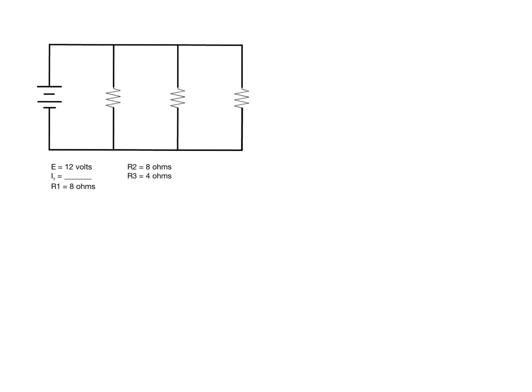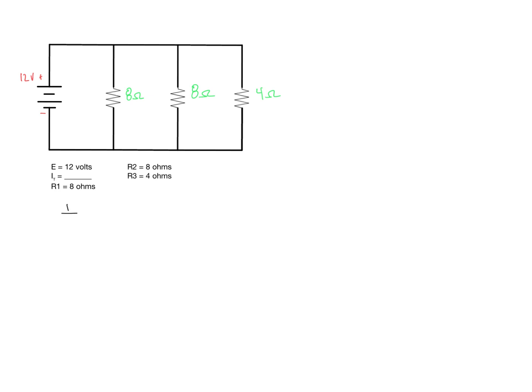All right, let's look at this problem. Now we're down to 3 branches again, but again, as I've done before, going to just label everything. Giving me 12 volts. Don't know the current. R1 is 8 ohms, R2 is 8 ohms, and R3 is 4 ohms in this case.